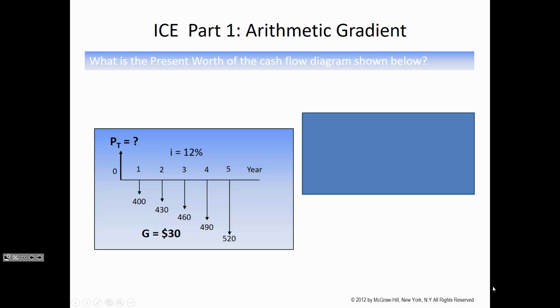Good. That's right. So think of it this way. Here is the A that the G is built on top of. I'm drawing it on the screen here. All right. So there's a constant A. Every year there's 400, but then in year 2 is when we see this extra 30 kicking in each year.